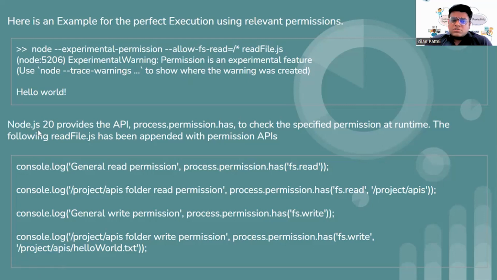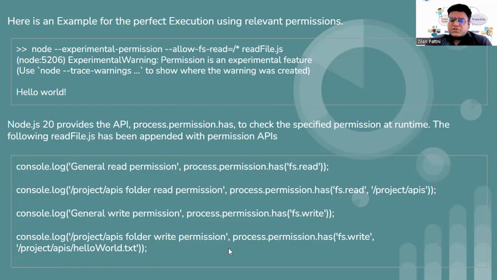Node.js 20 also provides functions to check whether file read or write permission is provided or not. Here are the functions: process.permission.has, for file read or write, or file read on a specific path.